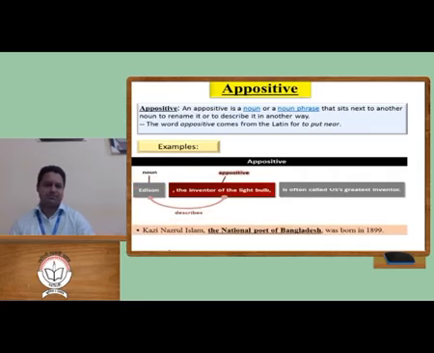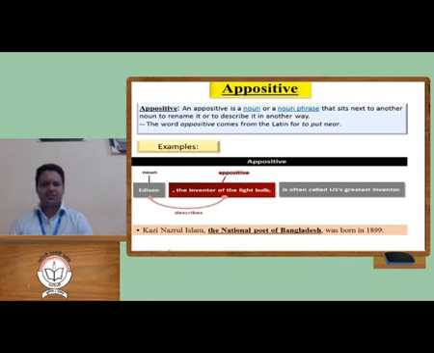Let's see another example. Kazi Nazrul Islam, the national poet of Bangladesh, was born in 1899. We have to use an appositive of Kazi Nazrul Islam, and I have used here the national poet of Bangladesh.